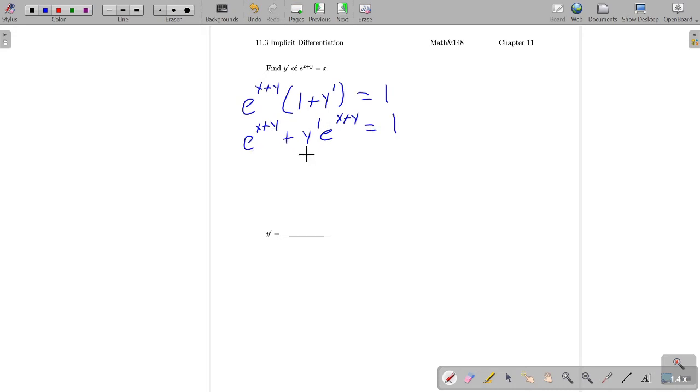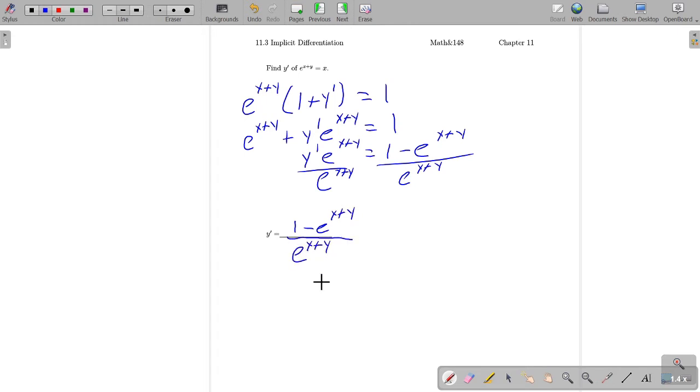Subtracting e to the x plus y, I get y prime e to the x plus y equals 1 minus e to the x plus y. Divide e to the x plus y on each side, and I end up with 1 minus e to the x plus y all over e to the x plus y.